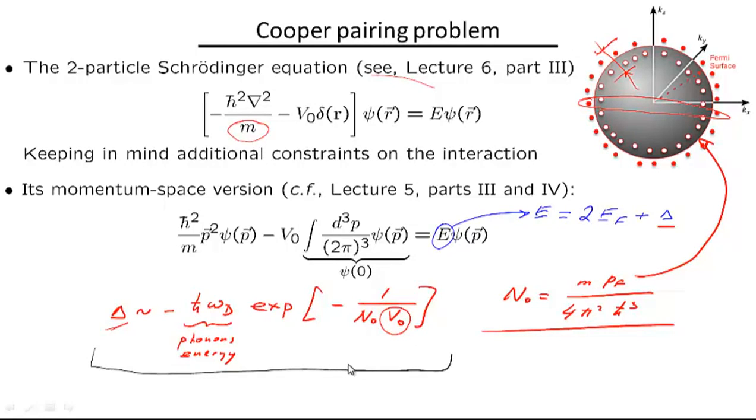And the last thing I'm going to mention is that if we did not have this exponential, if we were to imagine that this delta was of the order of this phonon energy, this would have actually implied that we can get superconductivity at very high temperatures, up to room temperature. This would have been great. We would have the ability to transport electricity with no losses.